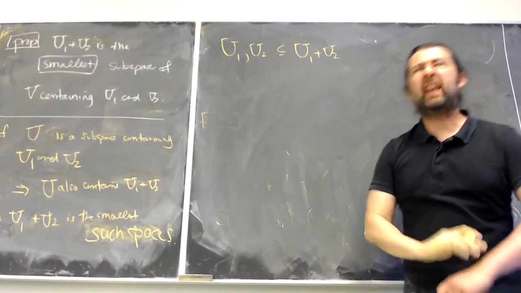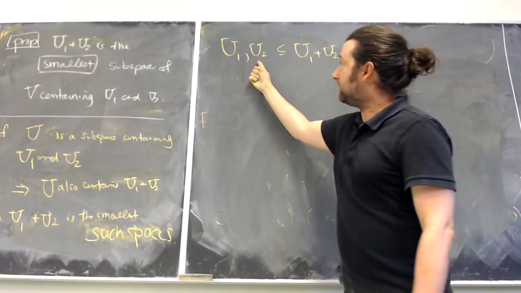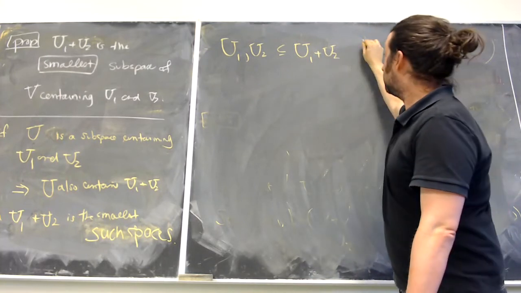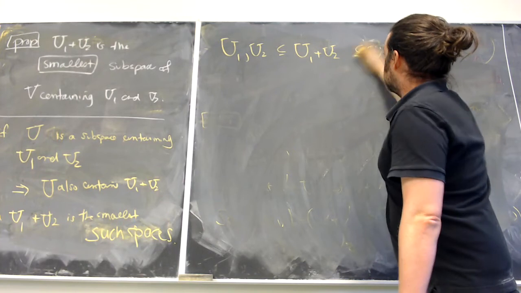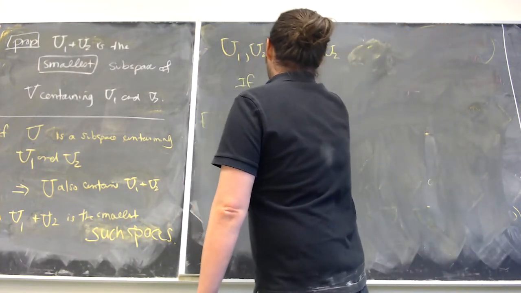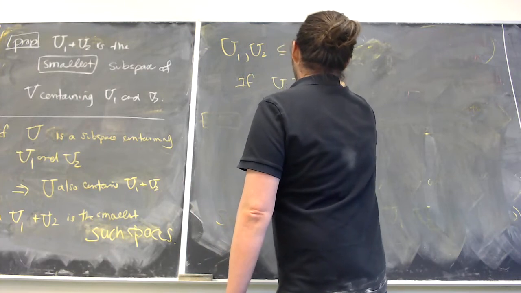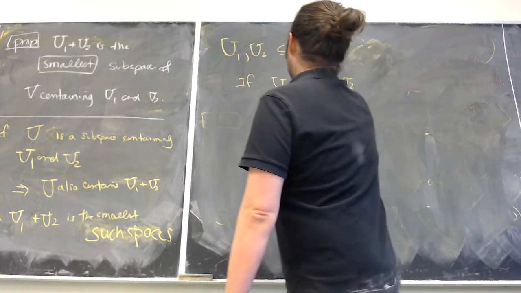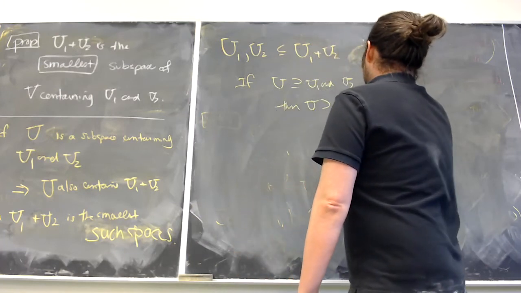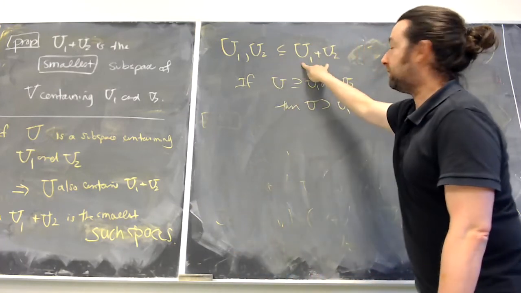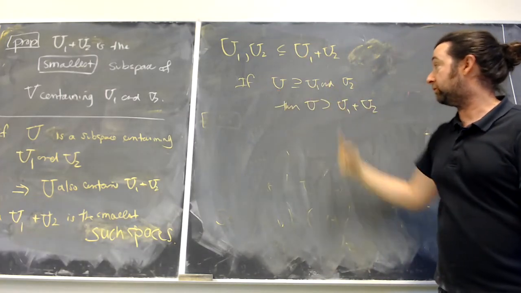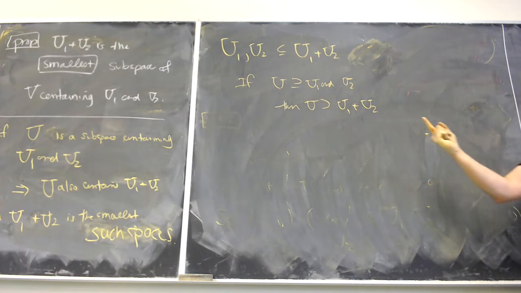And then we're going to say if there's any other subspace that contains these, it also contains this. The idea here is if U contains U1 and U2, then U also contains U1 plus U2. So U1 and U2 live inside the sum, and also any other subspace you can write down that contains U1 and U2 also has the sum living inside of it as well.